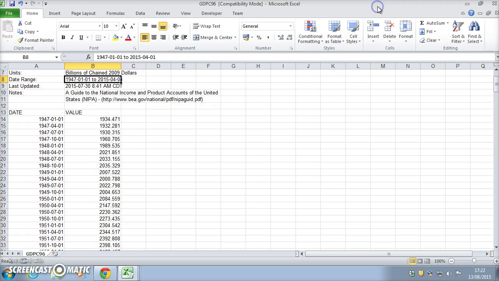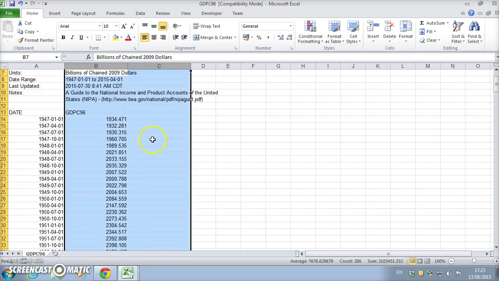So let's have a look at that in terms of its implementation. If we close down this window and say let's take the natural logarithm of this series, which would be GDP, following in line with C96, and we're taking the natural logarithm of that.